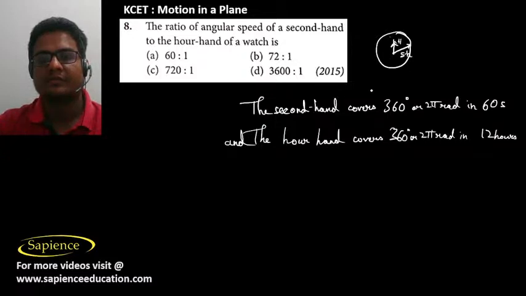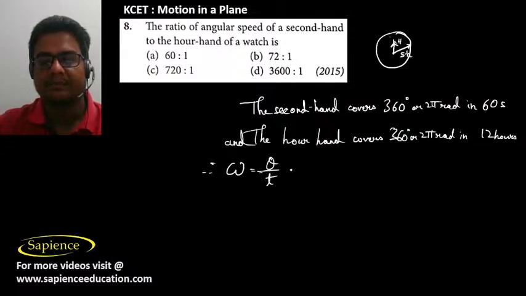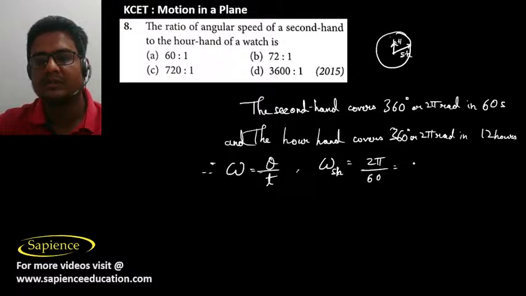Therefore here the angular speed omega is given as theta by t, means the total angle rotated divided by the total time. So the angular speed of the second hand of the watch is equal to 2 pi radian by 60, so that is pi by 30 radian per second.